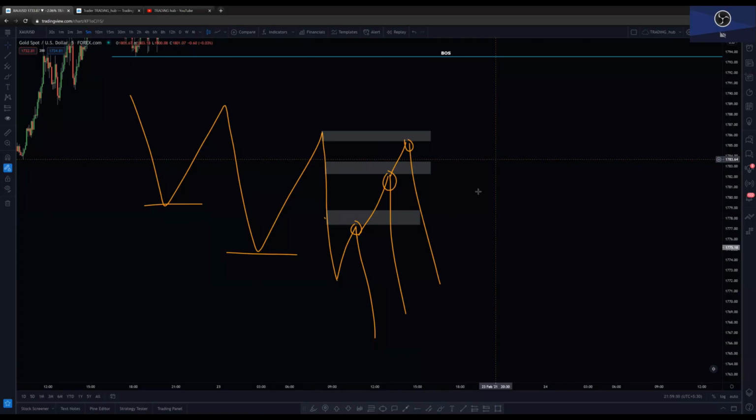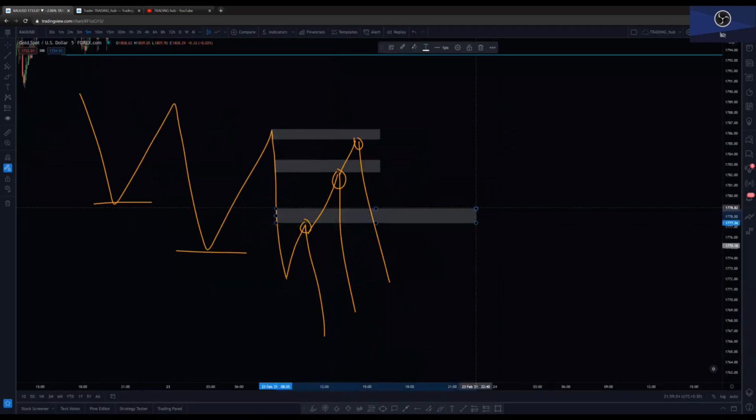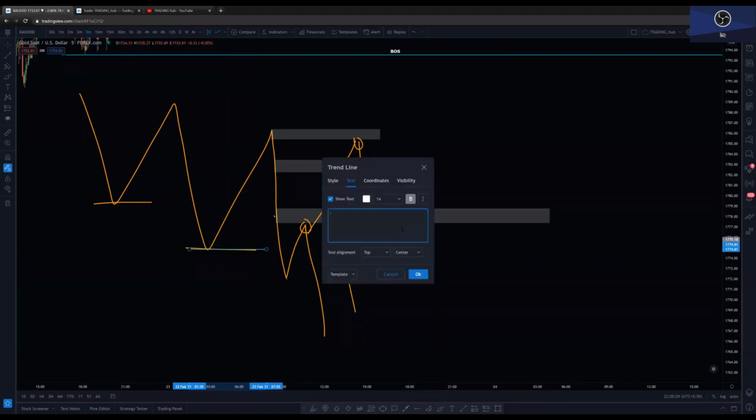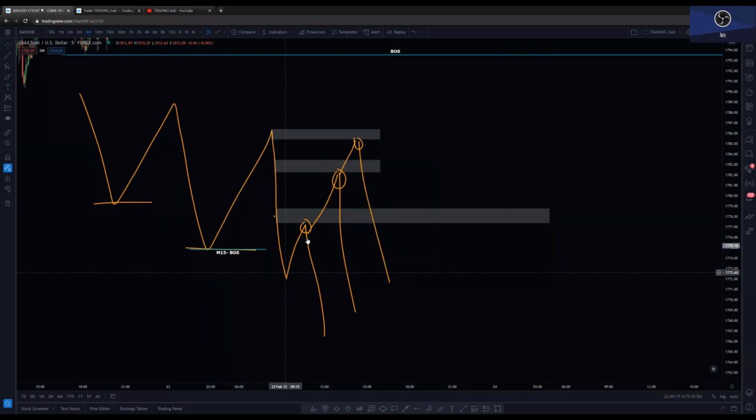You can, if the market tests the first order block here. Okay, for example, let's suppose this one is a 15-minute structure, and the market tests this level.